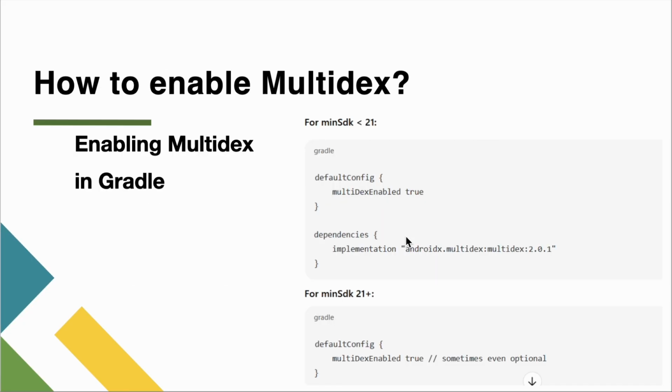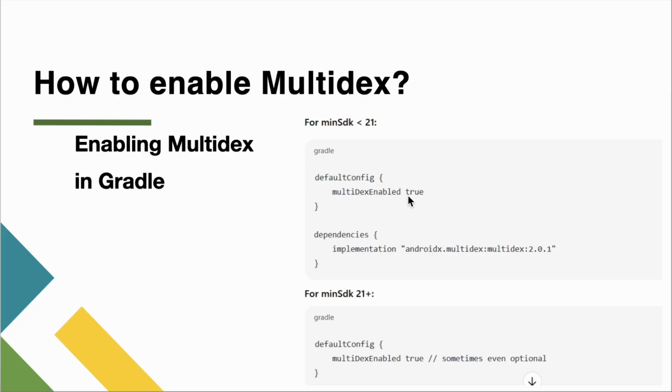Now, how to enable MultiDex? Before we deep dive, we should understand the process of enabling it. It is super simple. If your SDK is below 21, you need to enable it in Gradle and add the MultiDex support library.